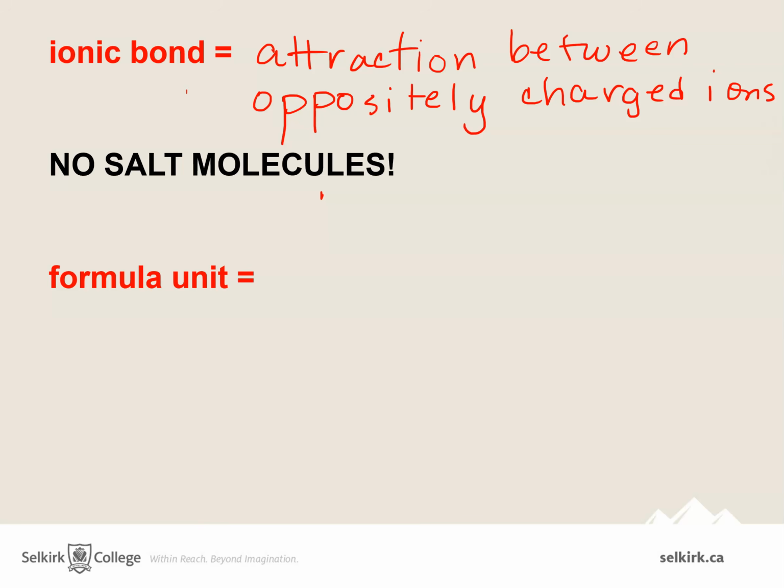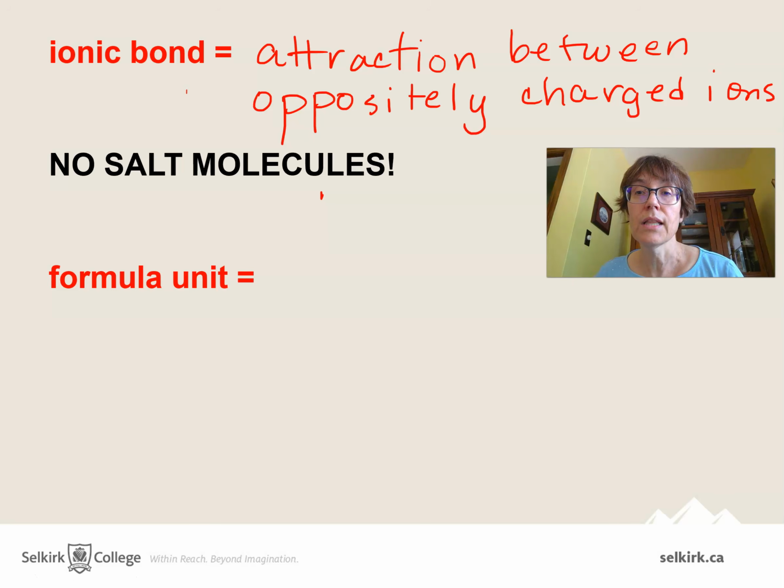And what that means is that there are no molecules in an ionic compound. There's no such thing as a salt molecule. I showed you with the model that each chloride is simultaneously attracted to a number of different sodium ions. Each sodium ion is simultaneously attracted to a number of chloride ions. That's very different from what happens in a molecule like water.